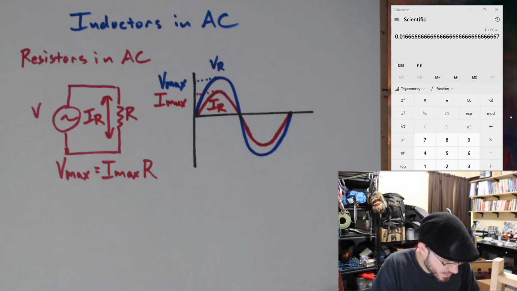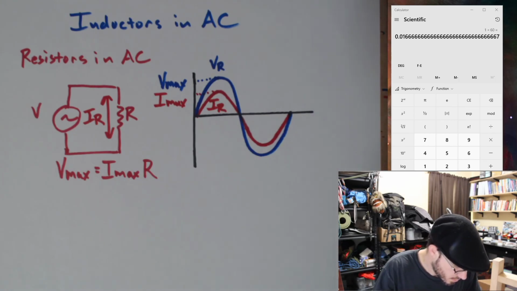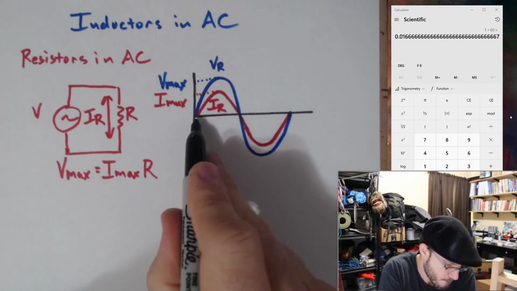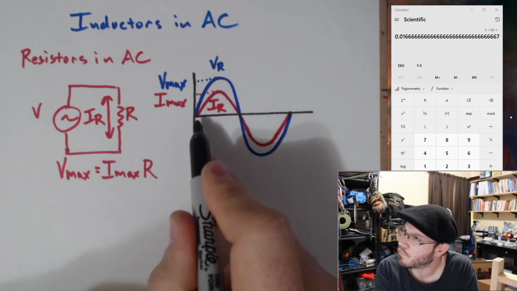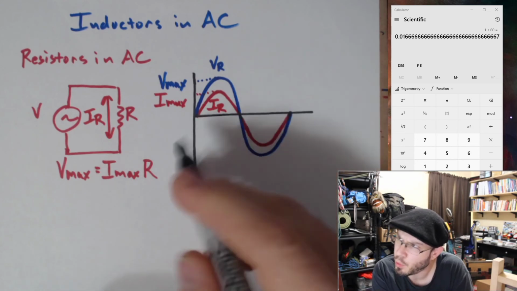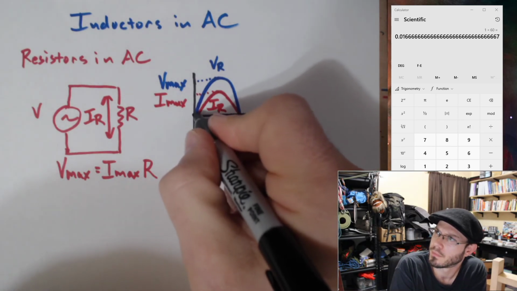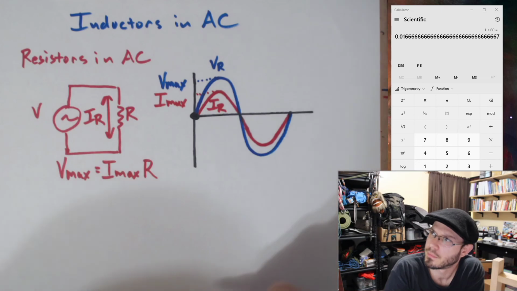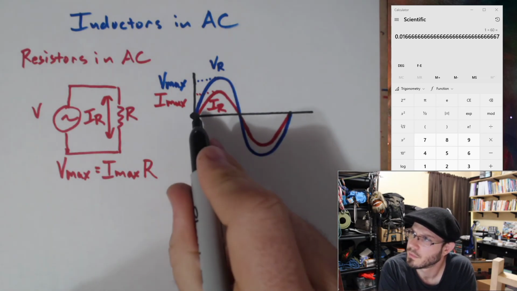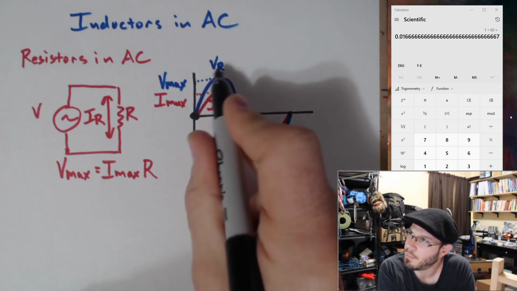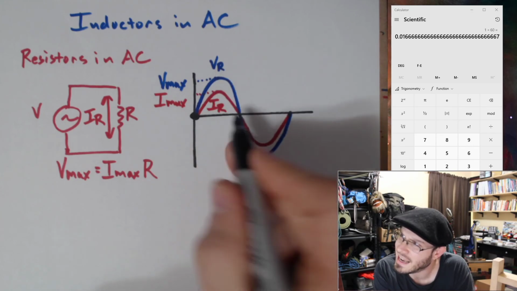Now, if you notice in this drawing, both the current and the voltage are at 0 at the same point. Same thing when the current goes up and the voltage comes up and then they go back down.